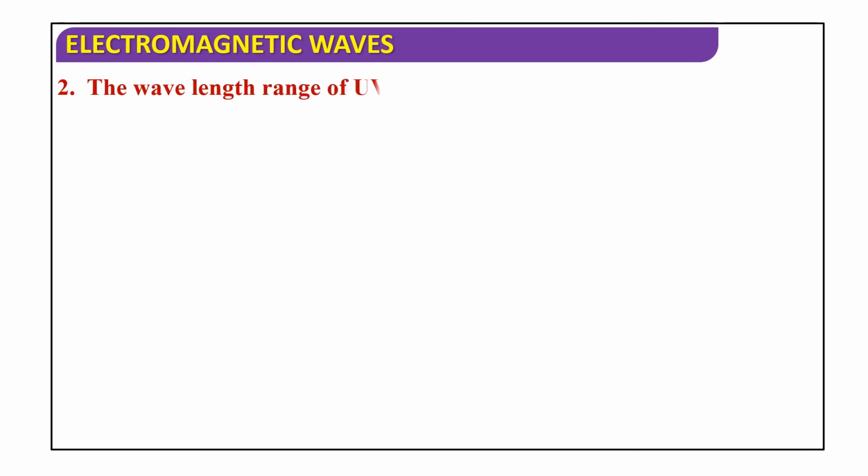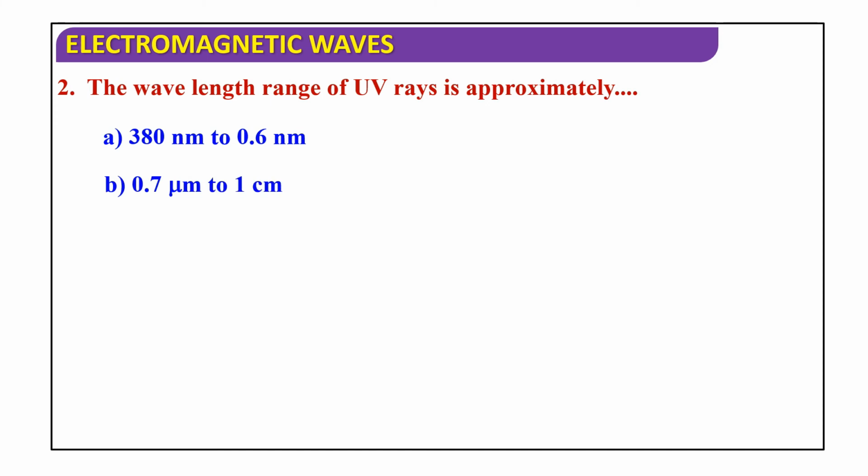The wavelength range of UV rays is approximately 380 nanometers to 0.6 nanometers, 0.7 micrometers to 1 centimeter, 1 gigahertz to 30 gigahertz, none of these. The wavelength range of UV rays is approximately 380 nanometers to 0.6 nanometers.